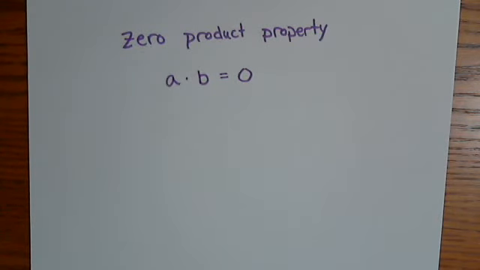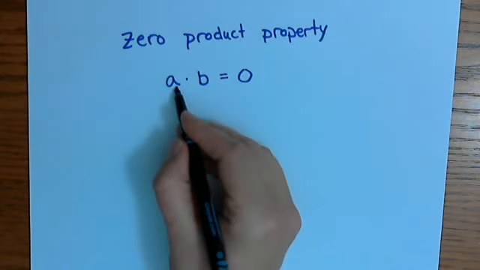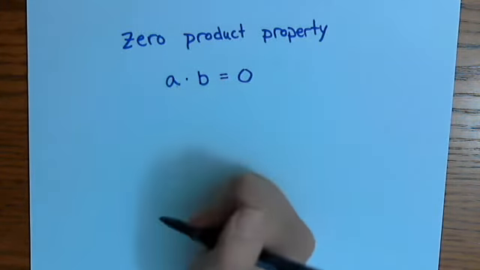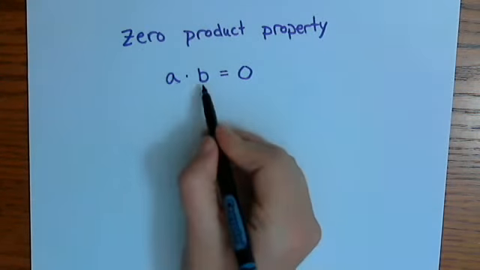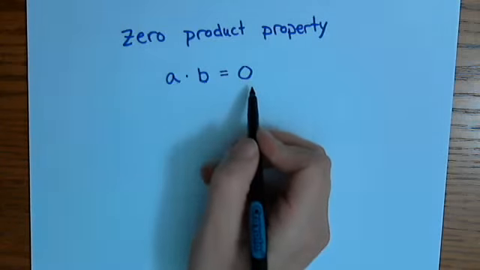When I multiply two numbers together and get an answer of 0, how can I do that? Well, I could say that one of the numbers is 0, right? Because if A is 0, then that would make A times B 0, right? Or I could say that B is 0, and that would make A times B equals 0 too.